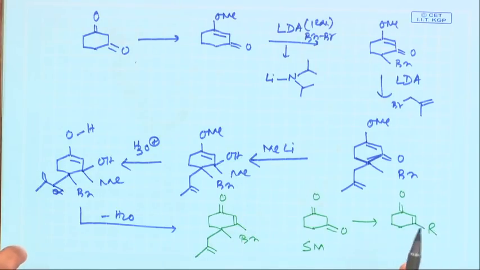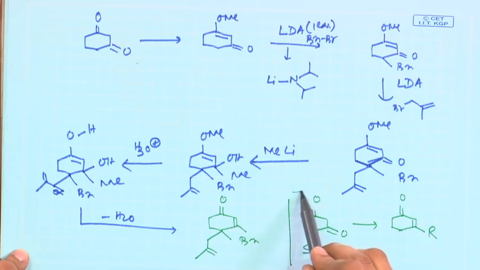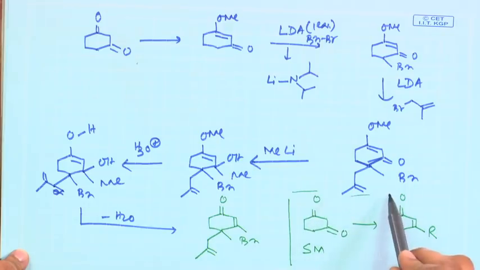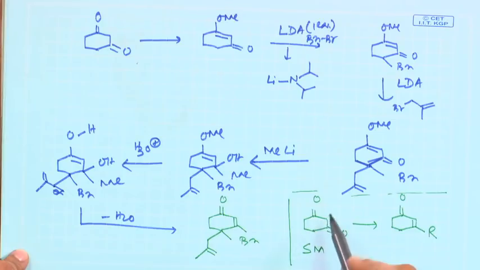It is a very useful transformation where the allylic double bond is migrated or transposed from one place to another. The initial allylic bond which was generated by this enolization is here, then after Grignard addition, that Grignard makes the C-C bond.